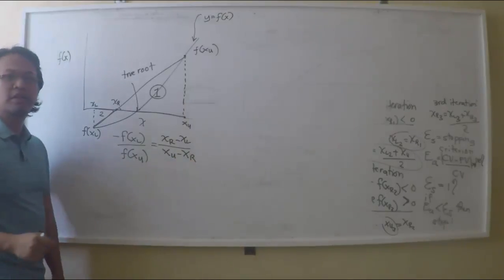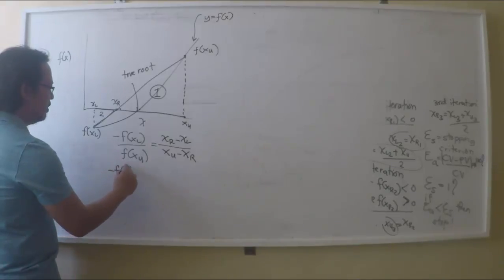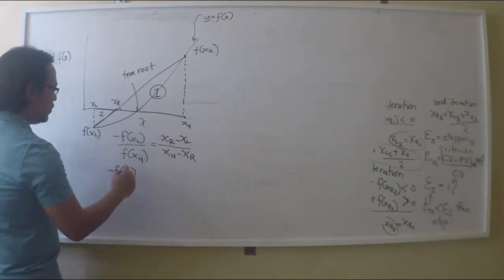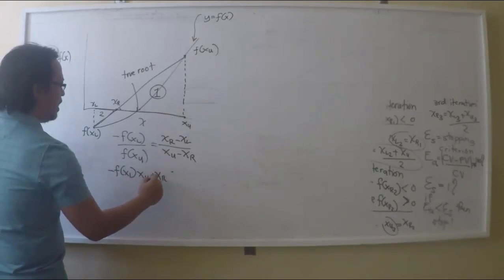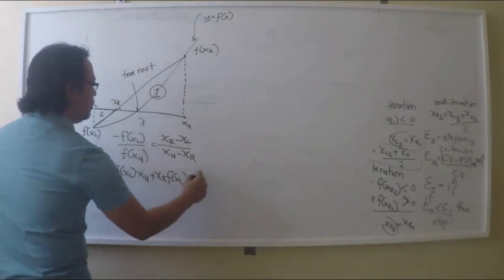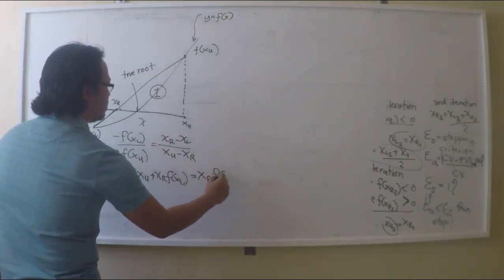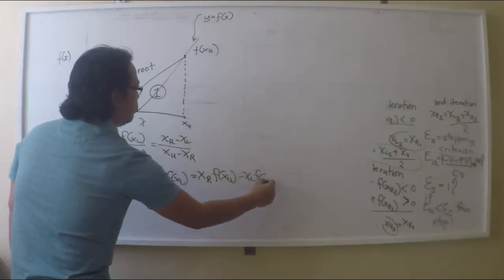So for xr, okay, it will become negative f of xl times xu minus xr plus f of xl, okay, is equal to xr f of xu minus xl f of xu.